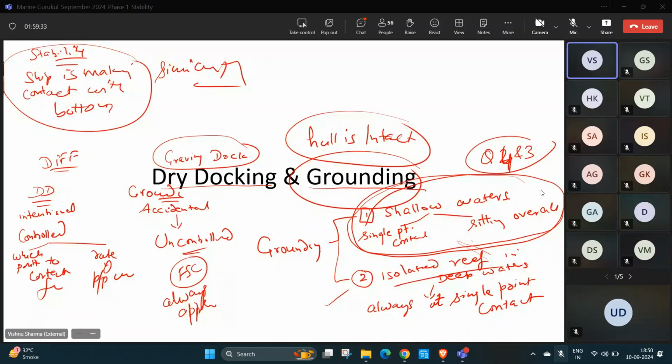And today, if anybody wants to take a screenshot of this, take it. It's very, very important stuff on this particular sheet. It is going to help you a lot. And when I give you a break after one question, while you are taking the break, please go through questions 3 and 4 of dry docking, depending on how much you need to recall, so that you don't struggle with the grounding questions.